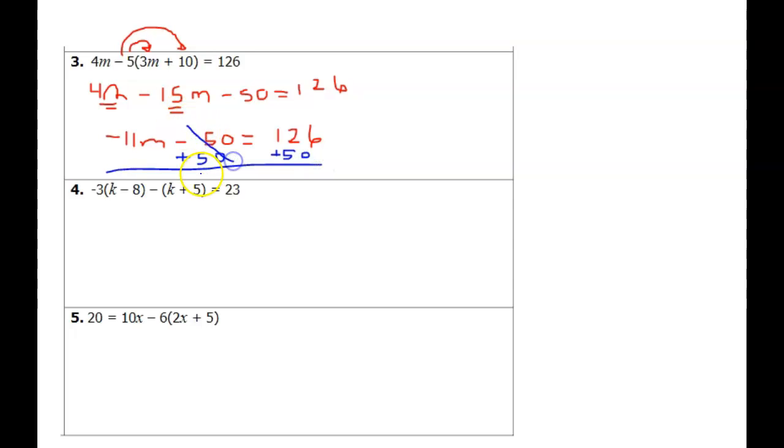To the left, the 50s cancel, and I'm left with negative 11m. To the right, I have 126 plus 50. And feel free, guys, to put this in your calculator. Ms. Bennett's going to do this one in her head. That's 176. Okay?